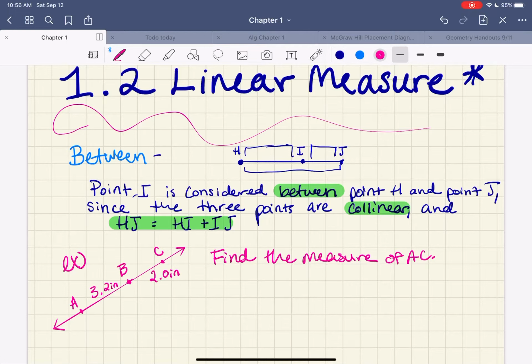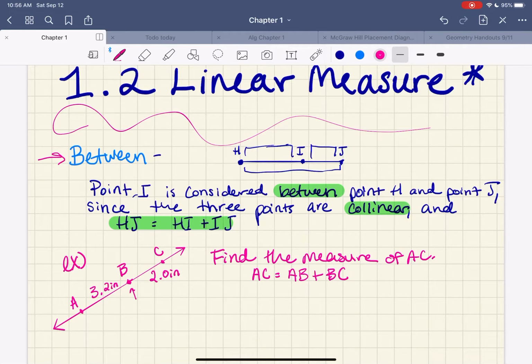Okay. Now, we know that we're probably dealing with some betweenness of points because we're in that section, okay? When you have something like this on the test, you can think, okay, well, I see that B is between A and C on the line, so I can use the equation AC equals AB plus BC.